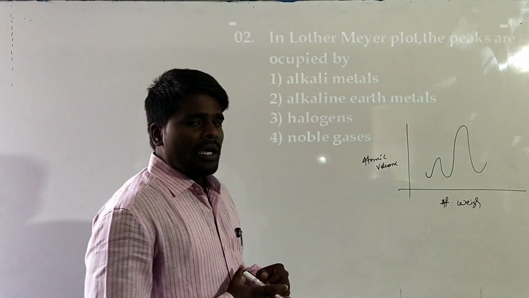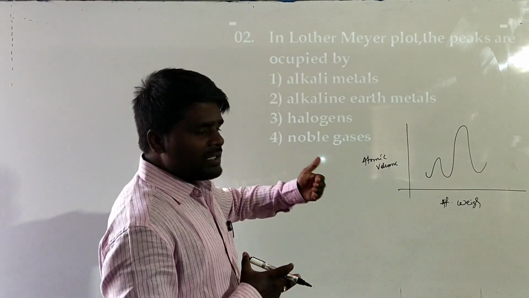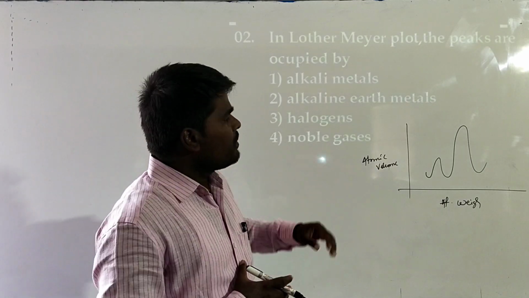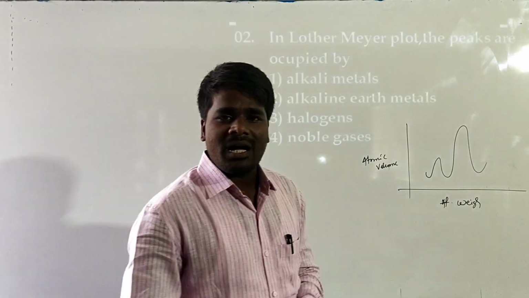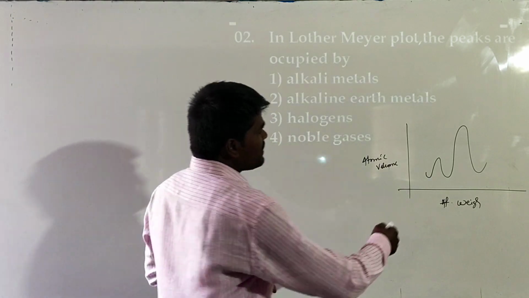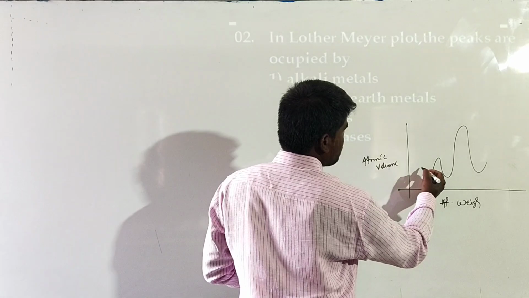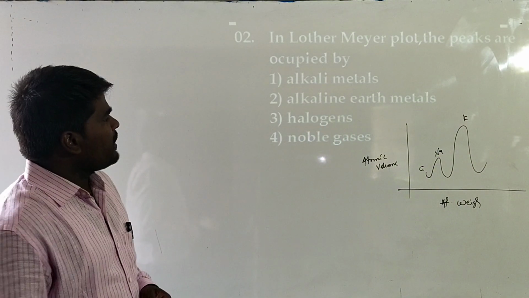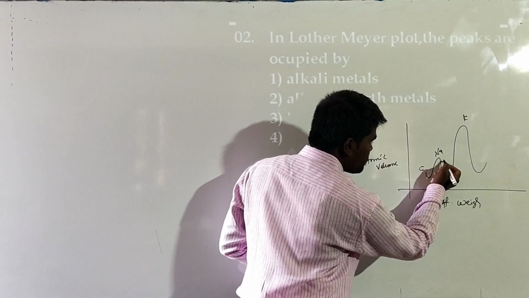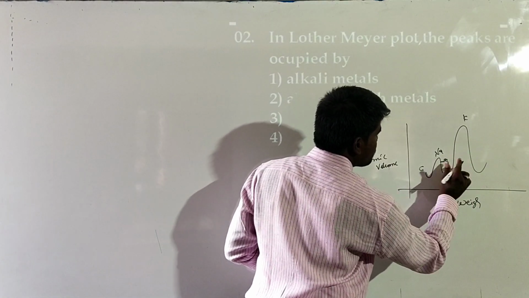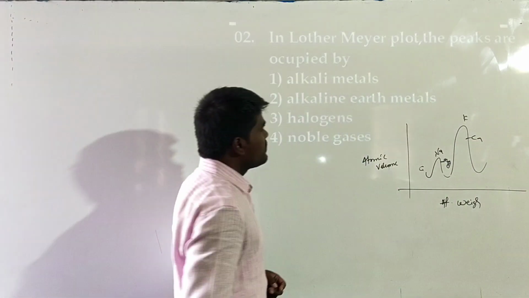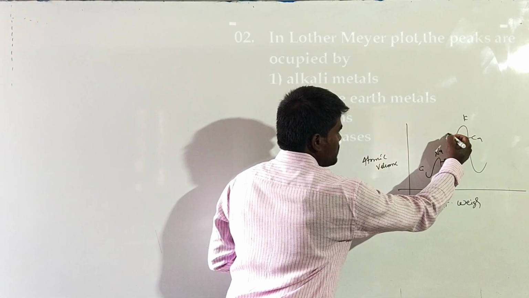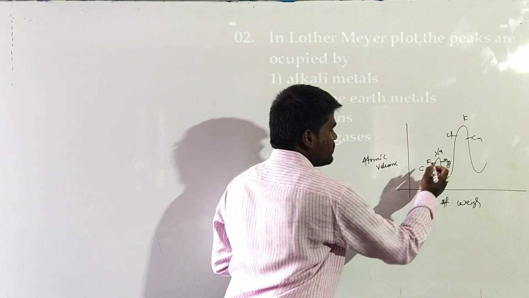Now we know that in the modern periodic table, alkali metals generally lie on the extreme left side. Because of that, their atomic volume is largest. Generally, alkali metals occupy the peak. This will be lithium, sodium, potassium, and alkaline earth metals will occupy the descending positions, whereas halogens will occupy ascending positions of the curve.